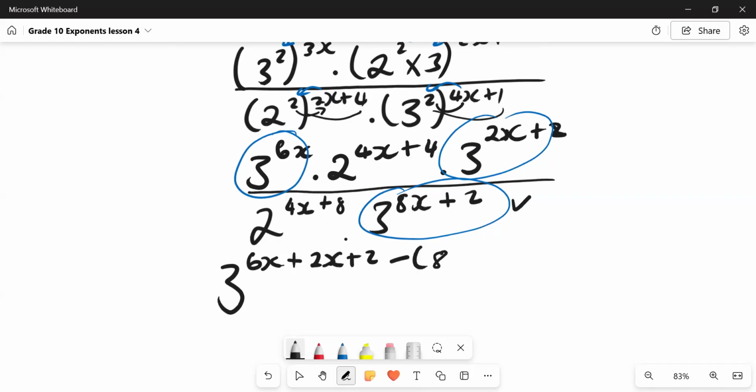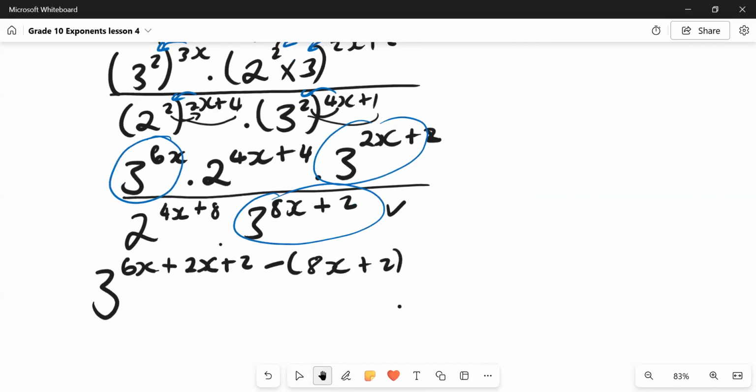So it's 8x plus 2. We're done with 3. Now we're focusing on 2. So 1 and 2. So you have your 2 to the power 4x plus 4. This is denominator, subtract their exponents. So you'll have your 4x plus 8.